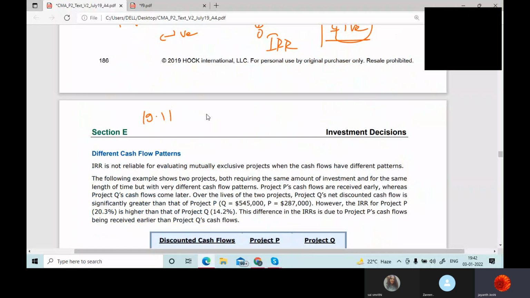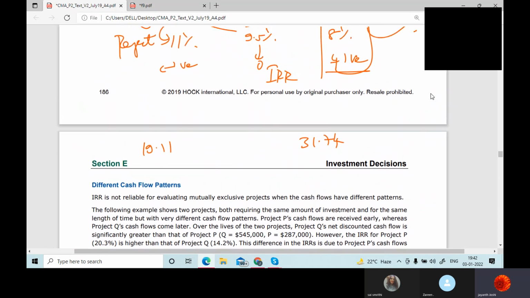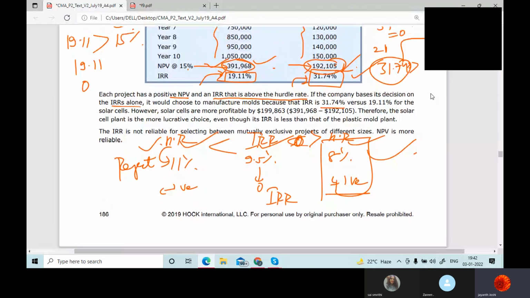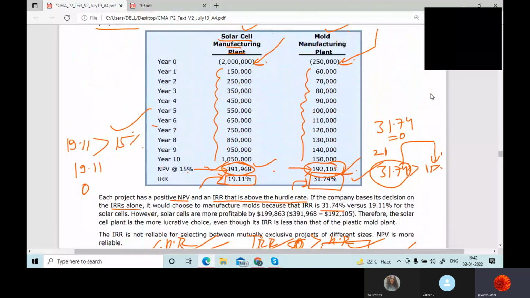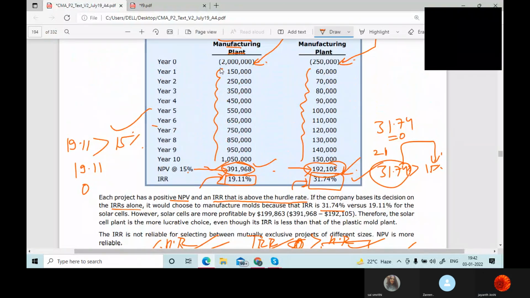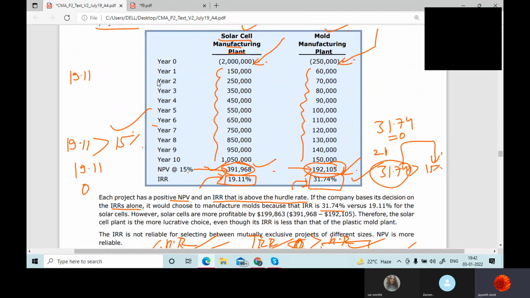19.11, 31.74. So I'll give you a task, some case study. These are your cash flows. So 19.11 is your IRR. This is more than the hurdle rate.